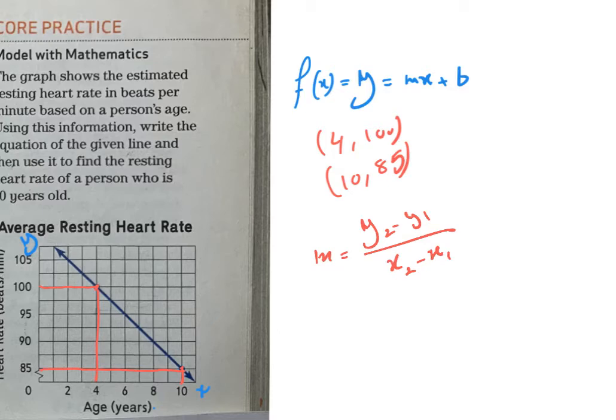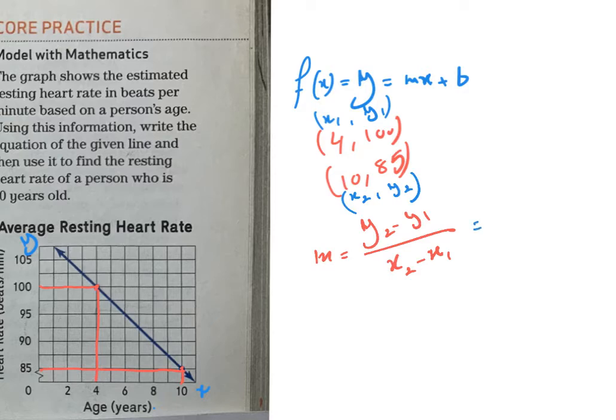So let's name this one (x1, y1), and we can name this one (x2, y2). And remember, I expect the slope to be negative because the line is decreasing here.